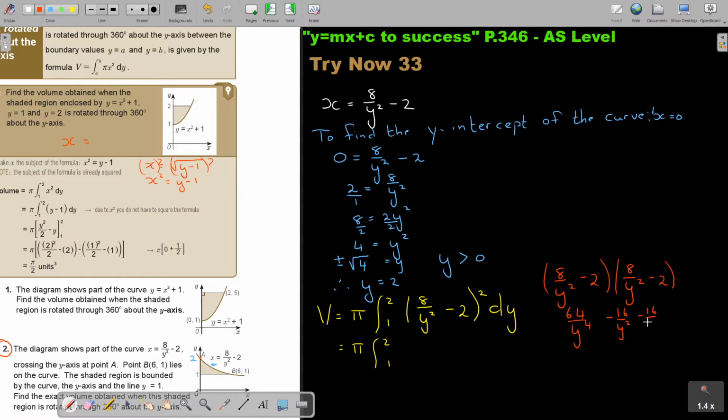This is going to be 4. So if I write here, I'm going to write 64 over y to the power of 4 minus 32, if I add that like terms, plus 4.